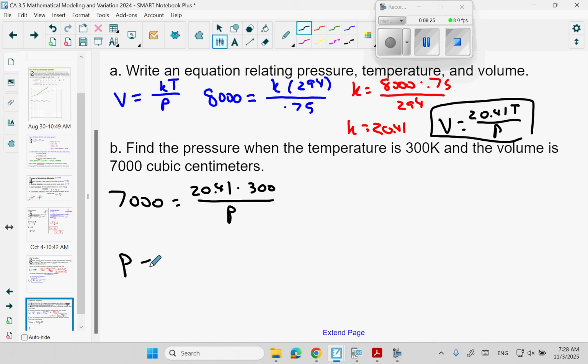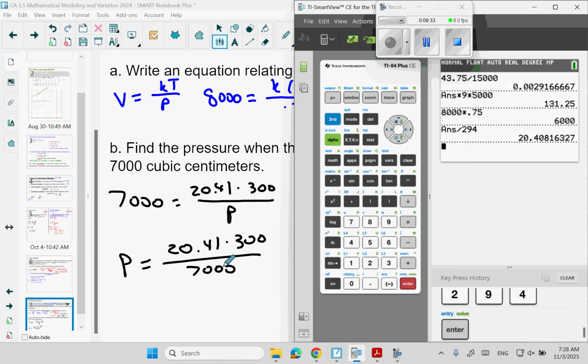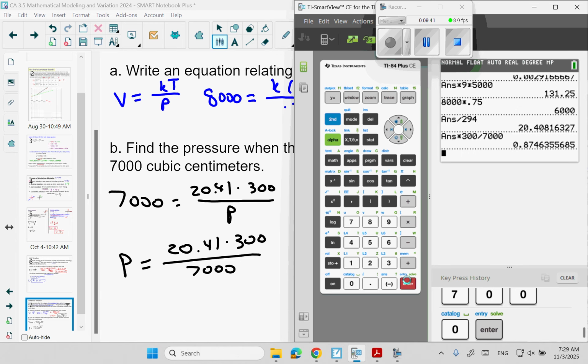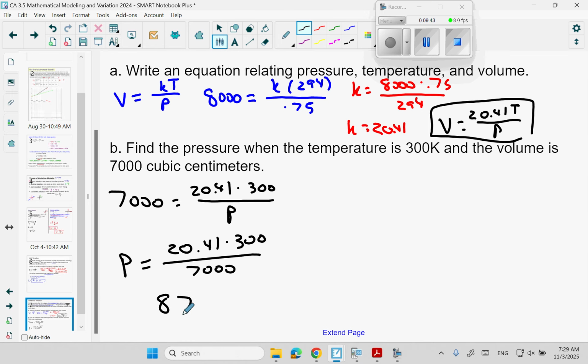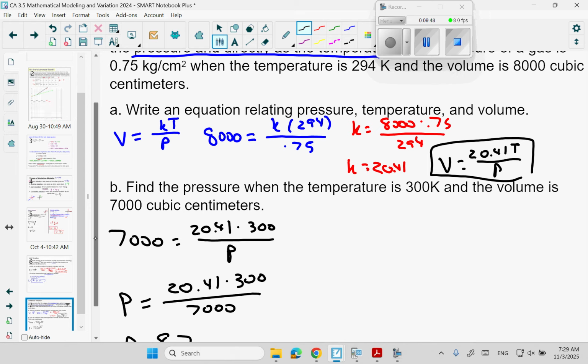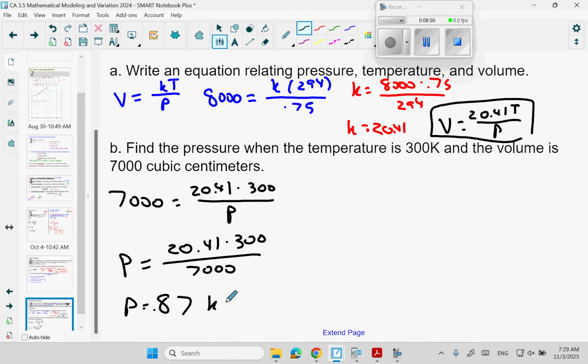So I know that P equals 20.41 times 300 divided by 7,000. We get P is about 0.87. And they had a label, which should be kilograms per centimeters squared.